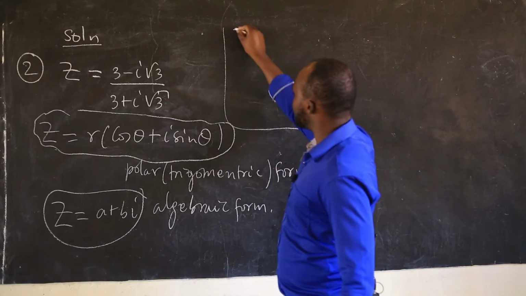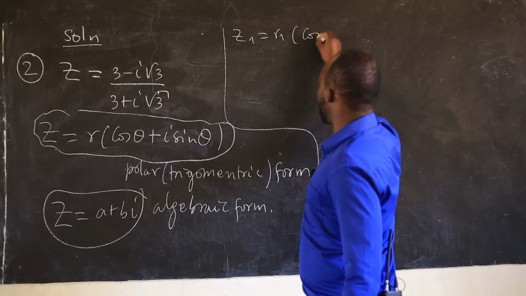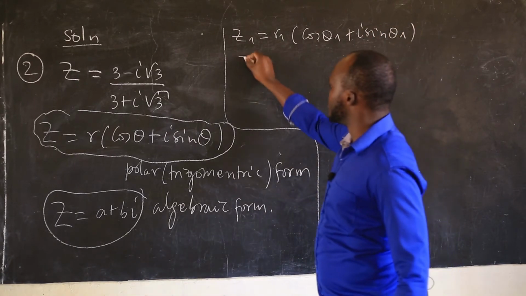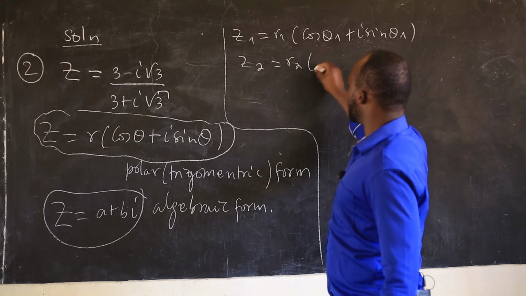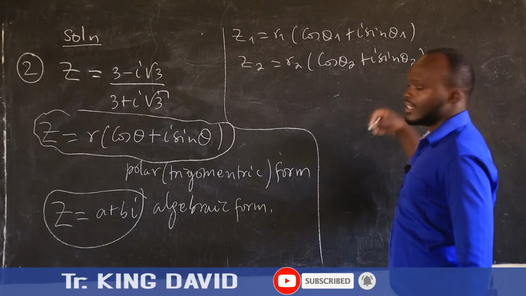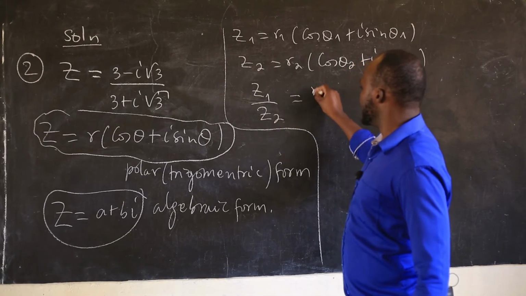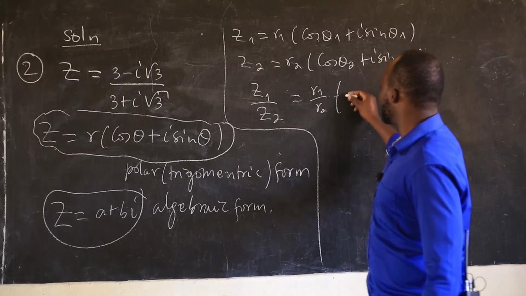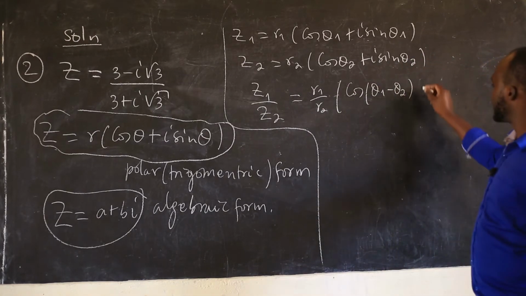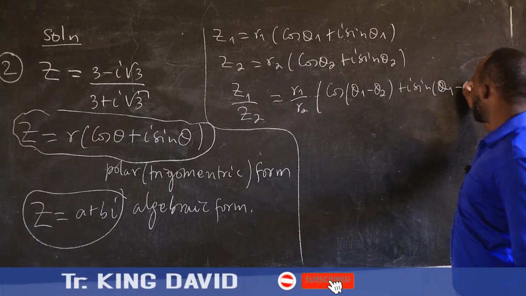So remember, when you have z1 equal to r1 into bracket cos angle 1 plus i sine angle 1, and z2 equal to r2 into bracket cos angle 2 plus i sine angle 2, then z1 over z2 is r1 over r2 into bracket cos of angle 1 minus angle 2 plus i sine of angle 1 minus angle 2.